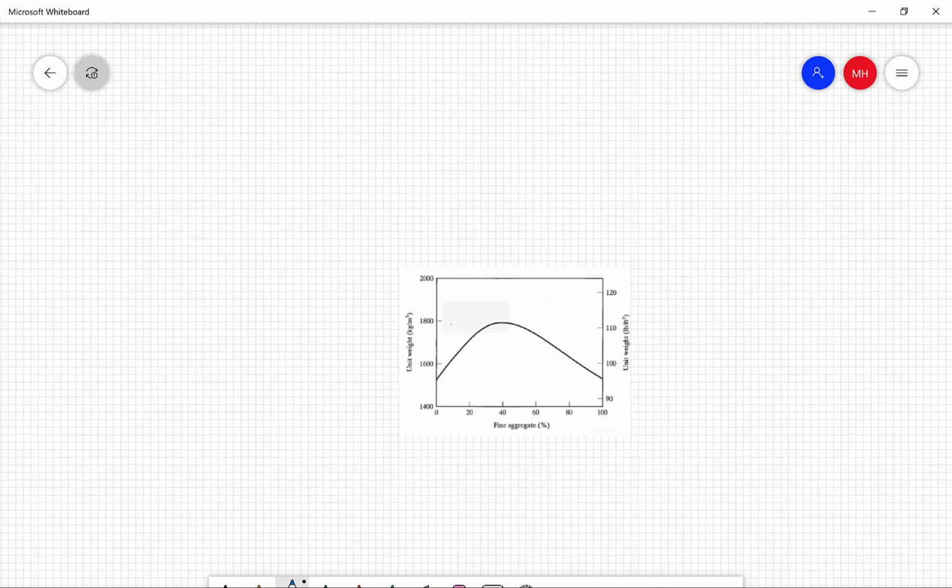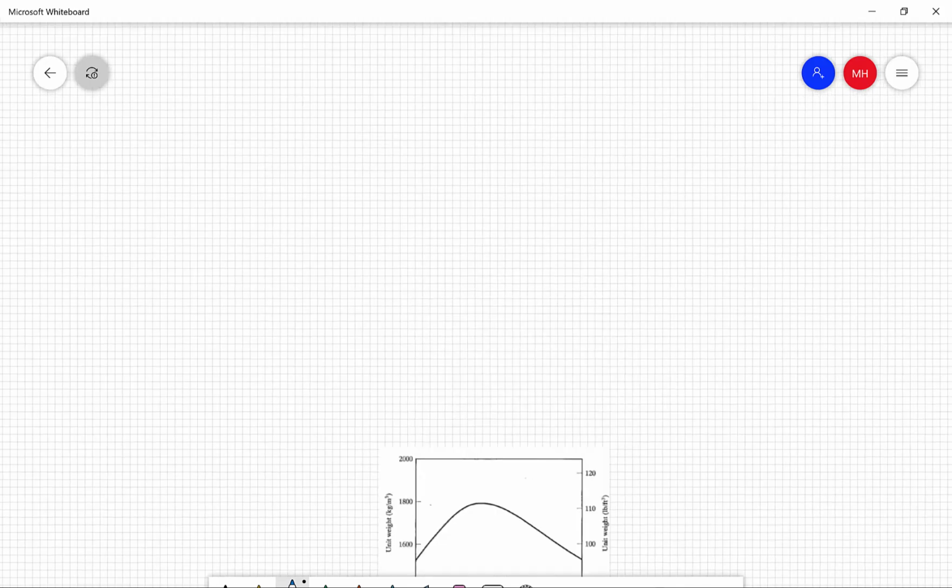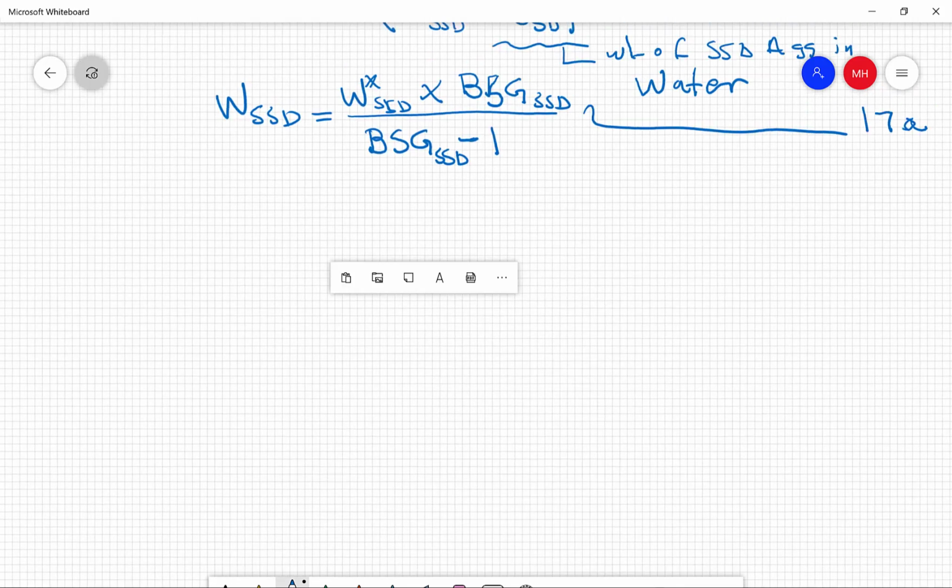So we could express the weight of the moisture as a percentage of the SSD weight, meaning as a surface moisture and effective absorption.